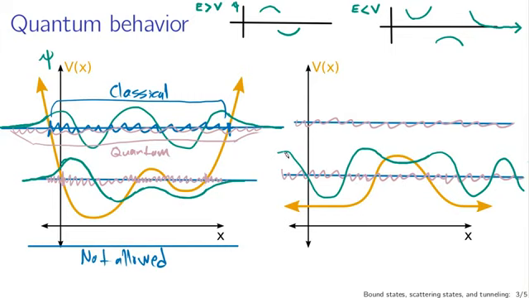If you had, for instance, a traveling wave coming in from the left here, you would have a traveling wave going out to the right on the other side. So your particle, which has not enough energy to clear the hill, still somehow makes it through. This is called tunneling.